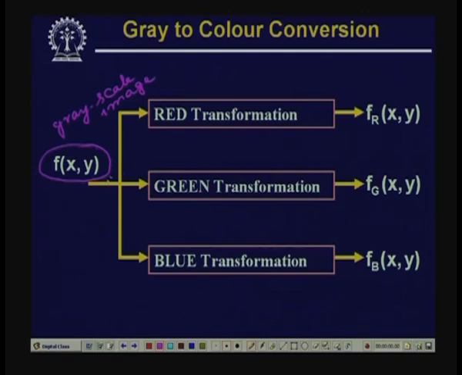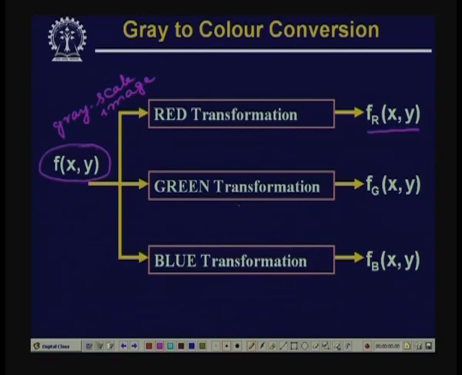Then what we are doing is, this grayscale image is transformed by 3 different transformations. One corresponds to the red transformation, the other one corresponds to the green transformation, and the third one corresponds to the blue transformation. This red transformation generates the red plane of this image, which is given by f_r(x,y).